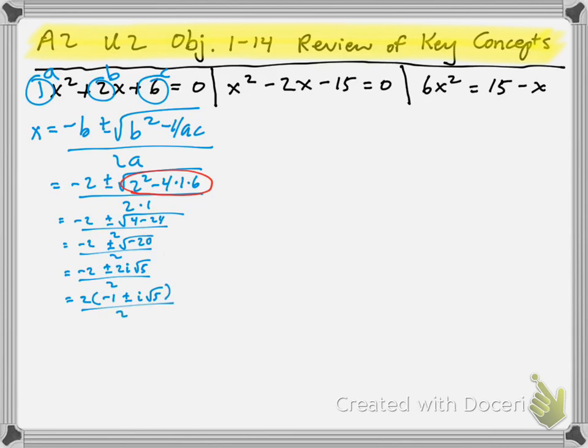And then we should know that the 2's cancel, and we get negative 1 plus or minus radical 5 times i. So that is the a plus bi form of the solutions to the quadratic equation. Those are the two solutions, and those are the complex solutions to the quadratic equation. I'm going to pick up the next two in the next video.